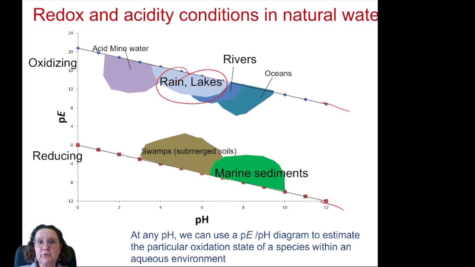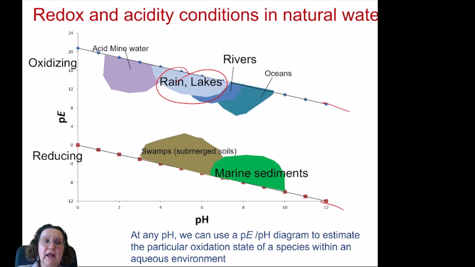Any species that produces ions that are stable in solution, redox species stable in solution, need to fall in this stability diagram. If they're above that line, then they will split water and will liberate oxygen. If they are below that line, they will reduce water, they will produce hydrogen. They will not be stable in water.